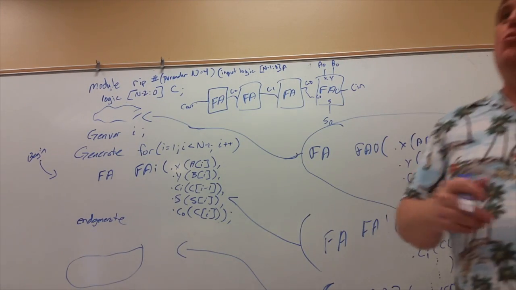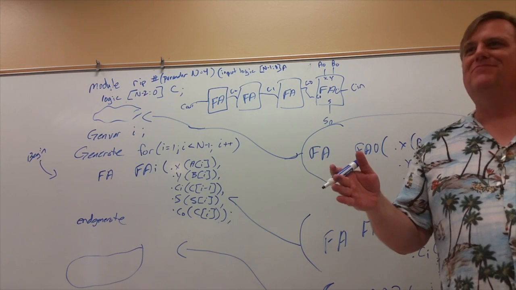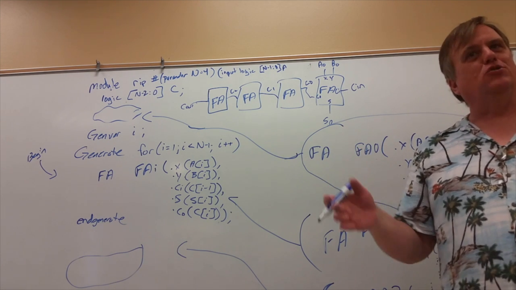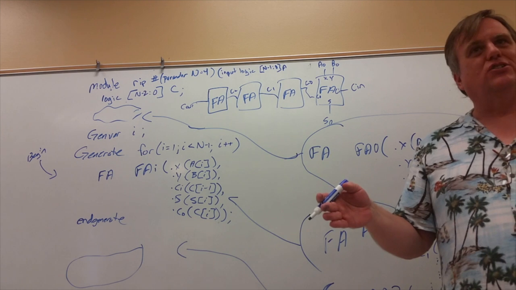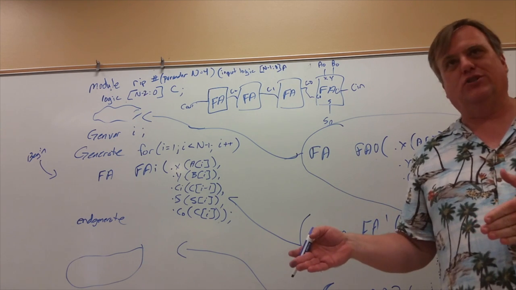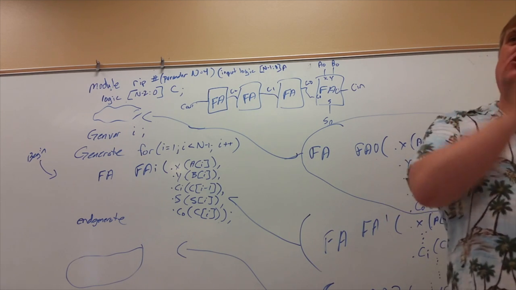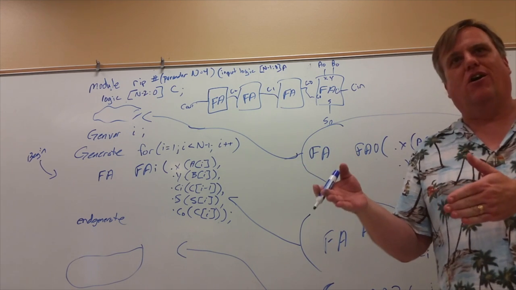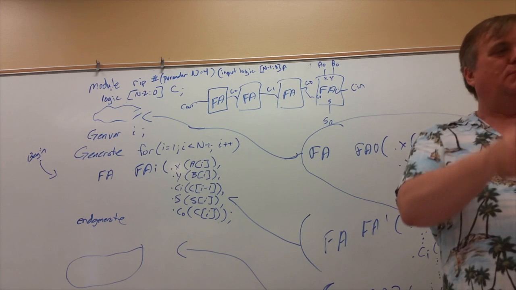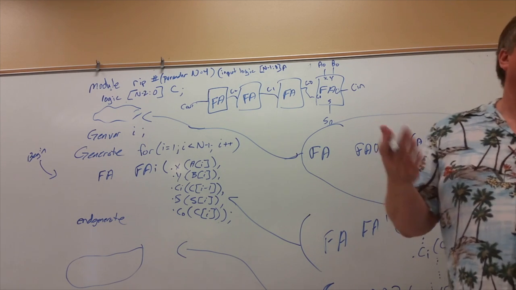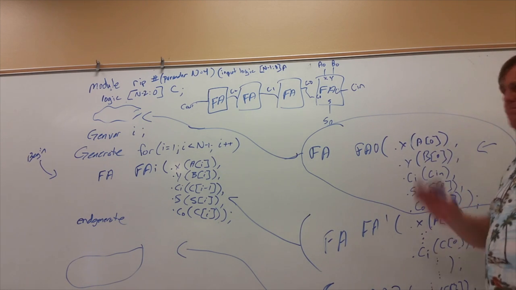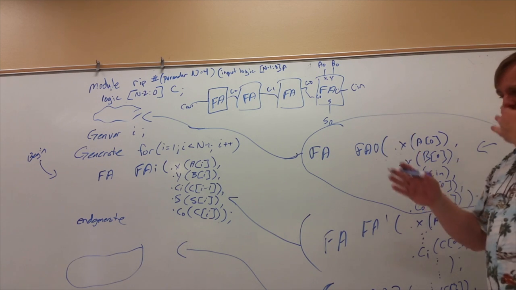You're only counting the ones between. So if there's n objects, there's n minus 1 wires in between. And since we number from 0 to 1 less than however many there are, I go from 0 to n minus 1 minus 1, which is n minus 2. Does that make sense? Okay.